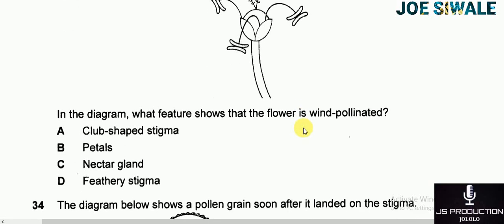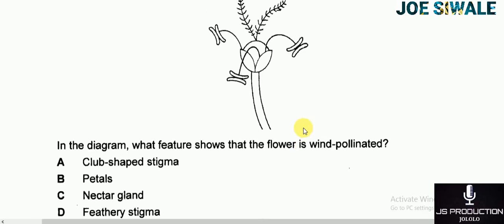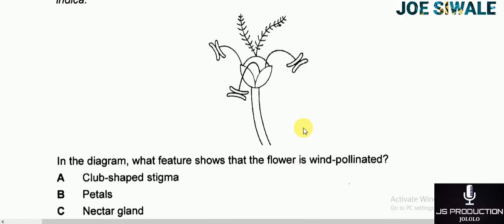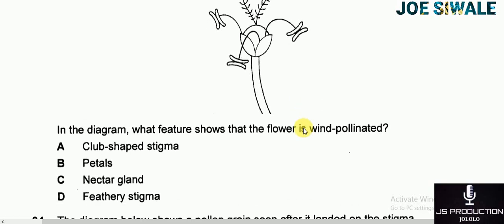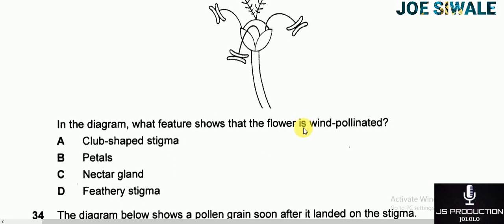A, crab-shaped stigma, B, petals, C, nectar gland, D, feathery stigma. So here my answer is D, which is feathery stigma.